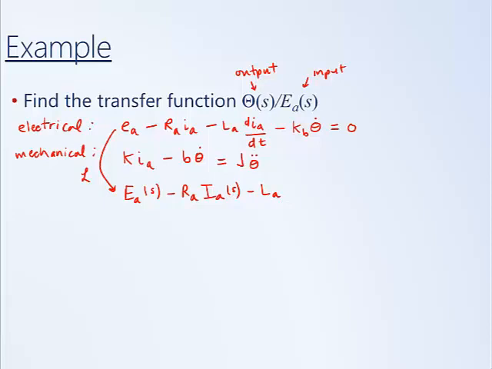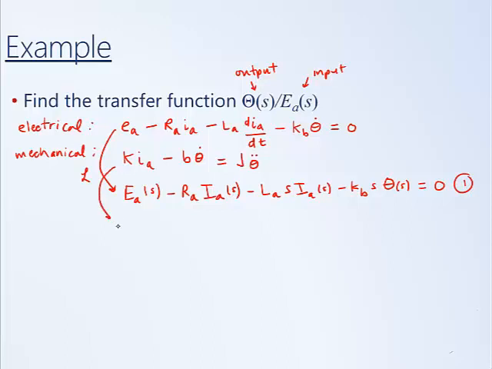If we take the Laplace transform of a derivative, differentiation in the time domain becomes multiplication by S in the Laplace domain. Similarly, KB is a constant, and we have the derivative of theta, so differentiation again becomes multiplication by S, and that's all equal to 0. We'll call this equation number 1.